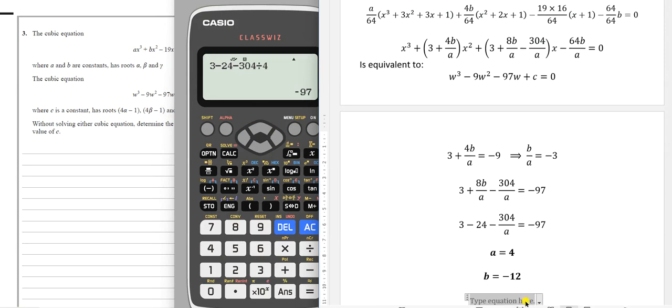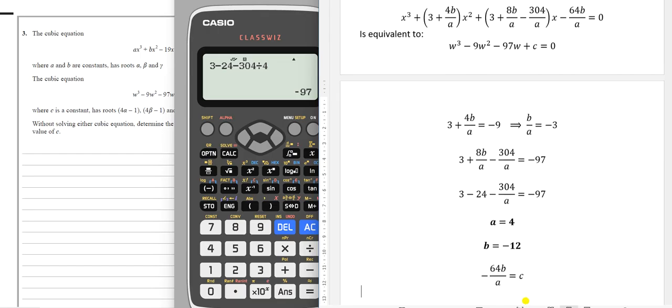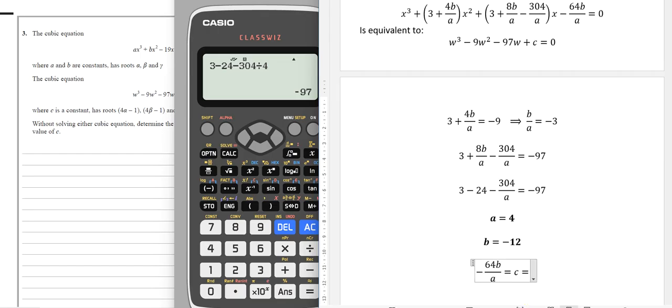And from that I can get c, because I already know that minus 64 b over a is equal to c, which is minus 8 lots of 8b over a, which I already said was minus 24. I can double check. b is minus 12, so this is going to be positive. 12 times 64 divided by 4 is 12.